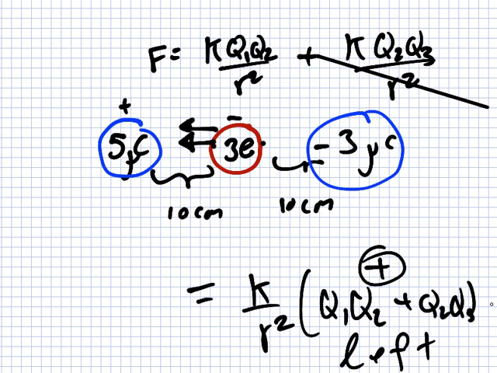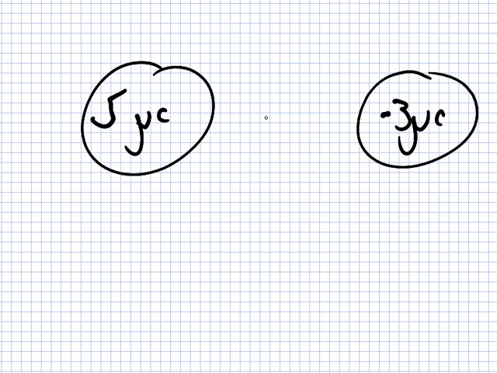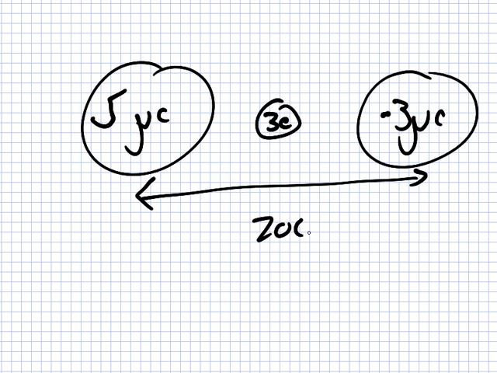I just want to leave you with one small question to try. It's related to this one. I'm going to give you the same information. 5 microcoulombs, -3 microcoulombs, and you have 3 electrons, and these are 20 centimeters apart. And I want to know, where do you put the electron?